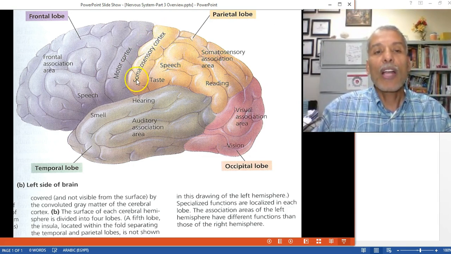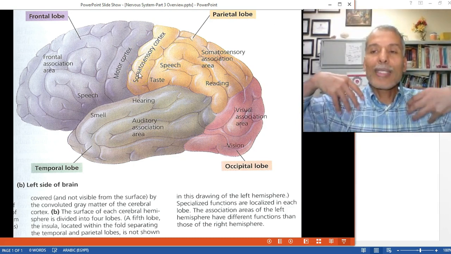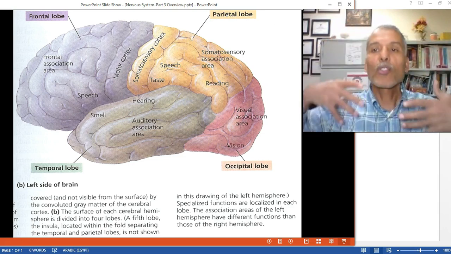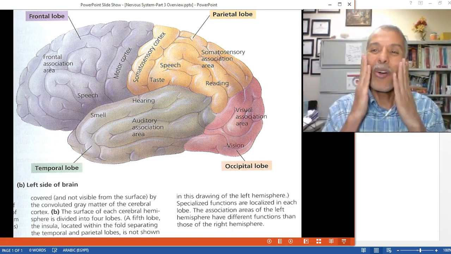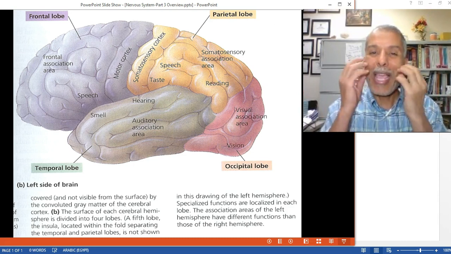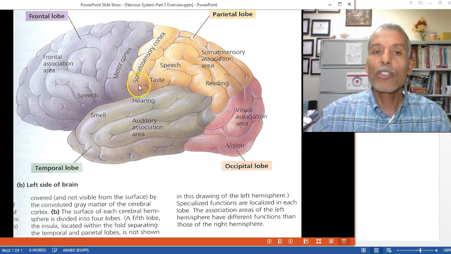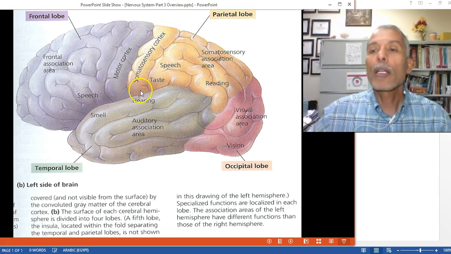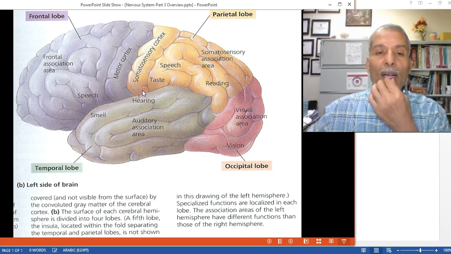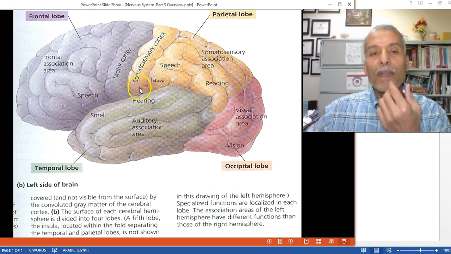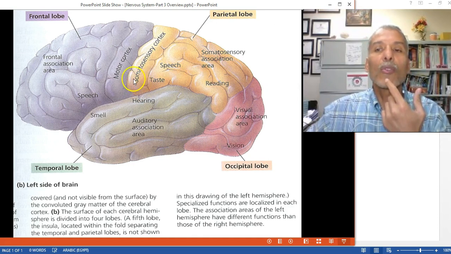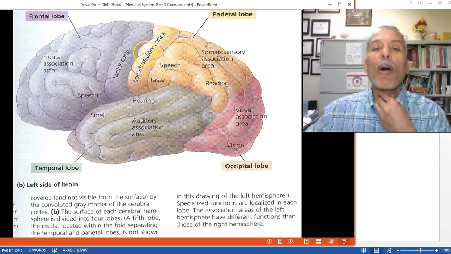The postcentral gyrus is responsible for processing sensation from the rest of your body, like your face, how you feel cold or heat or pain and so on, is represented here in the somatosensory cortex, where each part, like your lips, has an area where it makes you feel the sensations and the activity of your lips, and your tongue and your vocal folds, and every part of your body has areas here.